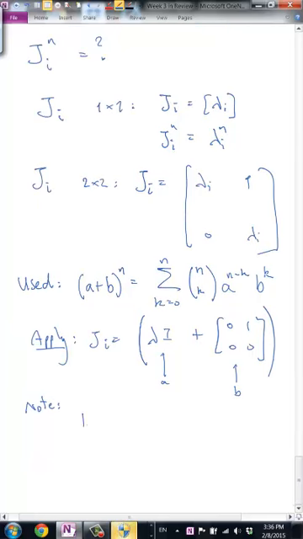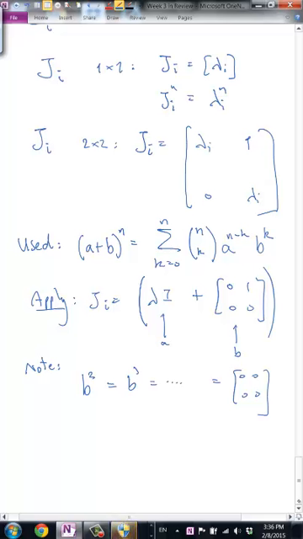I'm also going to note that B squared is equal to B cubed and all higher order powers, which is just the zeros matrix. And this is going to simplify the binomial. This means that the binomial expansion is only going to have two terms. So Ji to the n is equal to (lambda I plus [0, 1; 0, 0]) to the n, which is the sum that I've written above, except it's only going to have the first two terms.